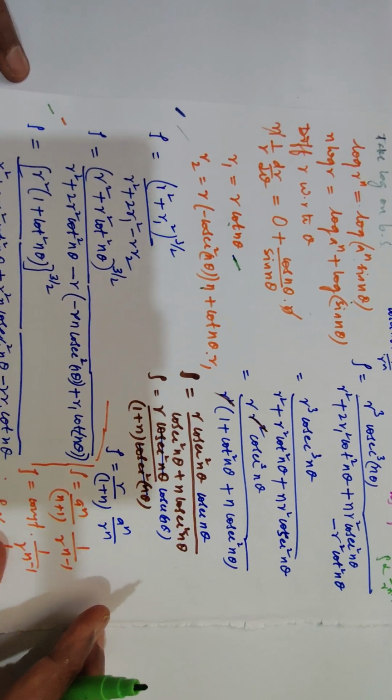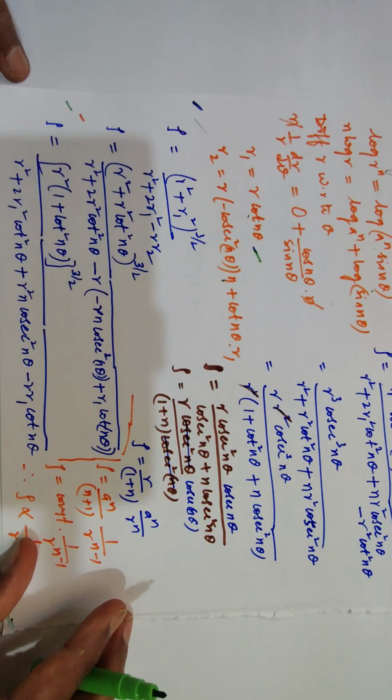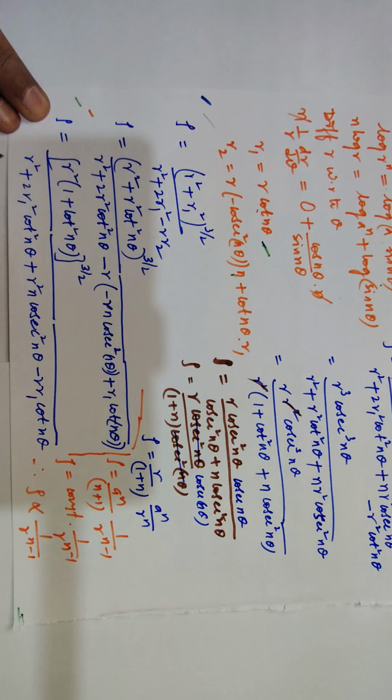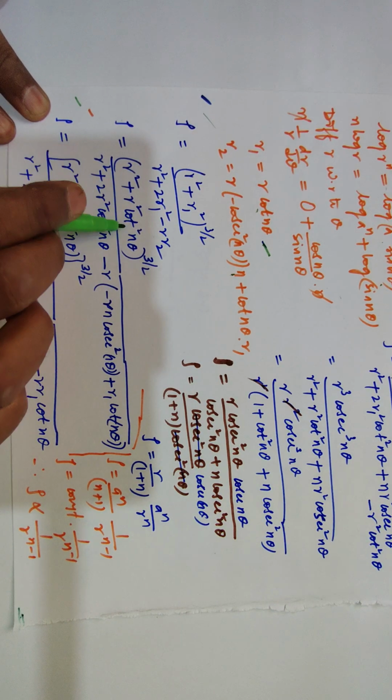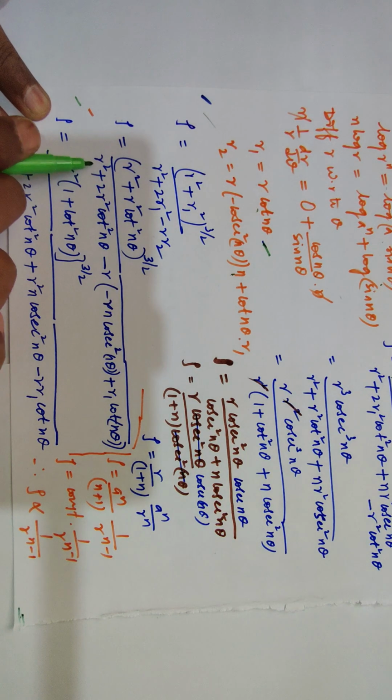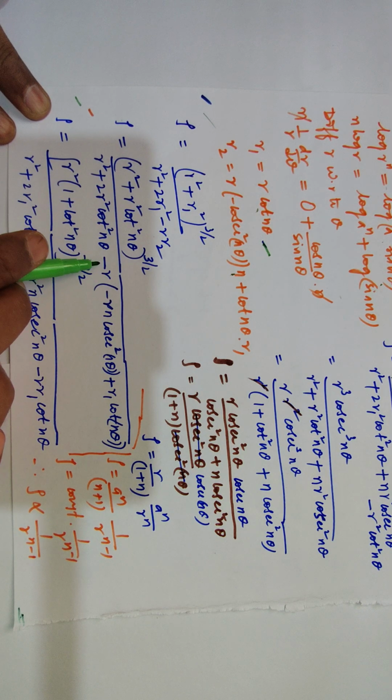Now let us calculate. Just simplification. In these two terms we have r² common, so we get (1 + cot² nθ) whole raised to 3/2, divided by r² as it is. This total term is as it is. We can multiply here.